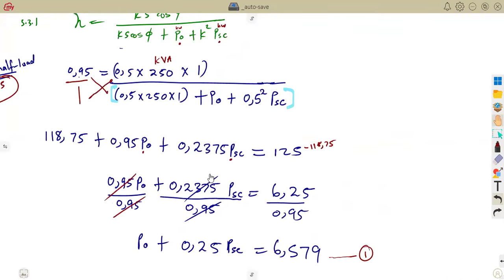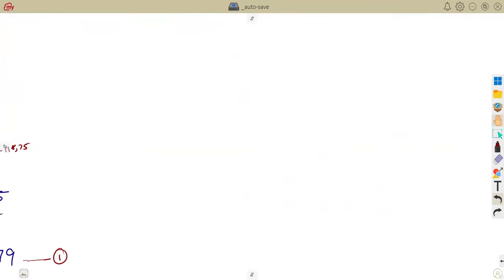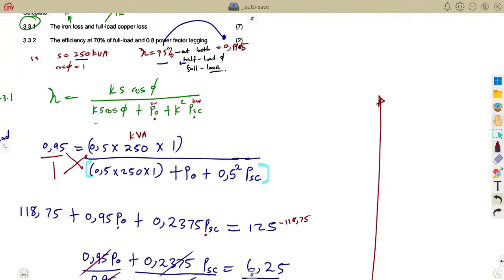With the same situation that we had here, you're going to apply it at full load. Same part, but at full load. Remember, they gave us a condition that the efficiency is the same at both half and full load. So what was going to be the condition at full load?